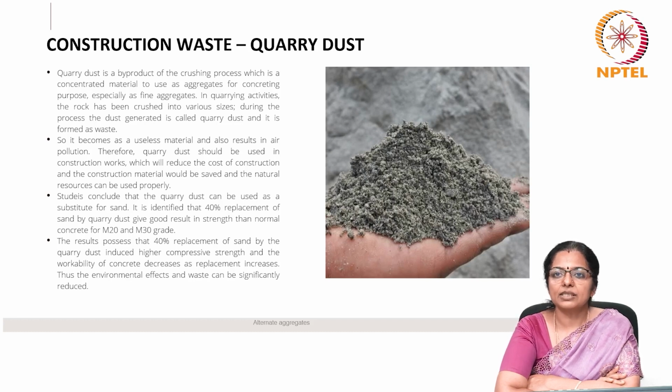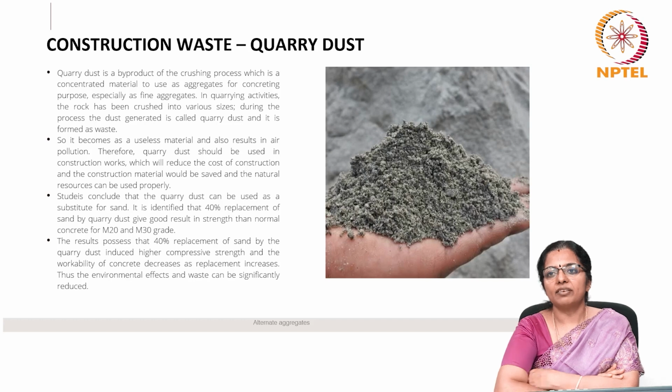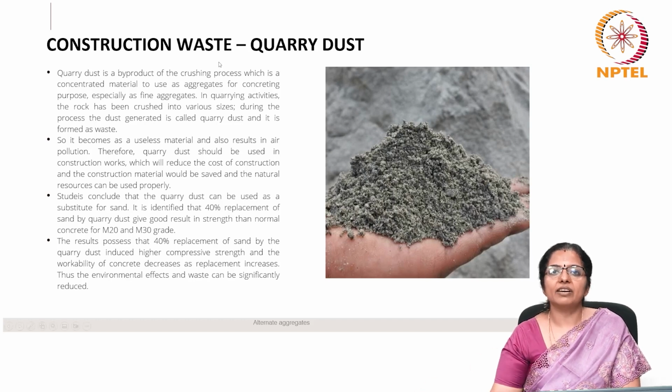The results show that 40% replacement of sand by the quarry dust induced higher compressive strength and the workability of concrete decreases as replacement increases. Thus, the environmental effects and waste can be significantly reduced.